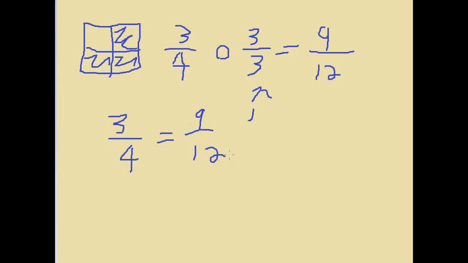It's the same proportion. 3 out of 4 pieces is the same amount as 9 out of 12 pieces. So now the more challenging part is, if you're given a question where you're asked to either make equivalent fractions or to determine whether the fractions are equivalent, how do you do that?